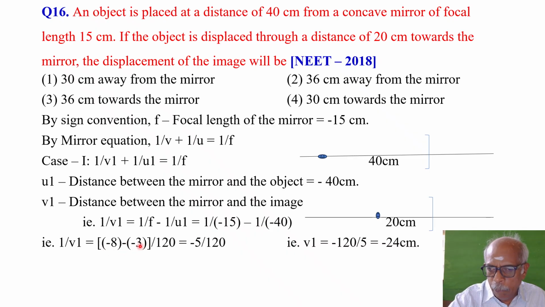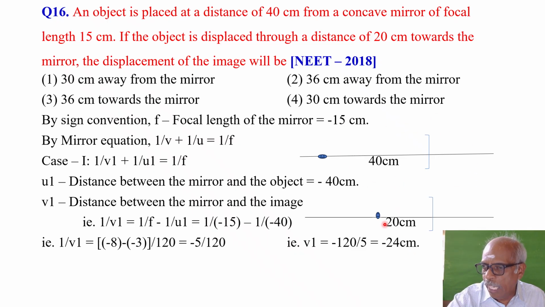So minus 8 plus 3, ultimately we get minus 5. So 1 by v1 is equal to minus 5 divided by 120. Therefore v1 is equal to minus 120 divided by 5, so it is equal to minus 24 centimeter. v1 is equal to minus 24 centimeter for this case.